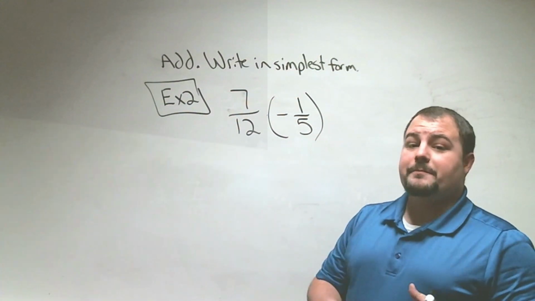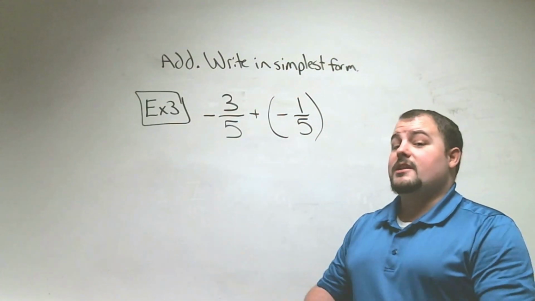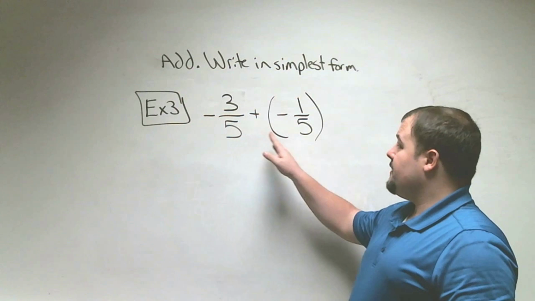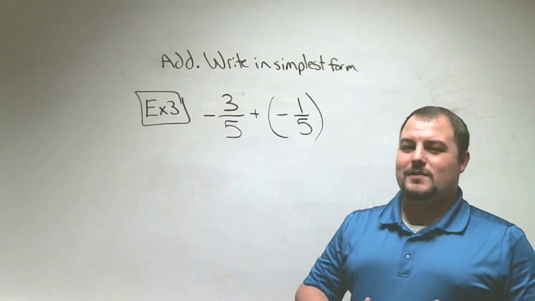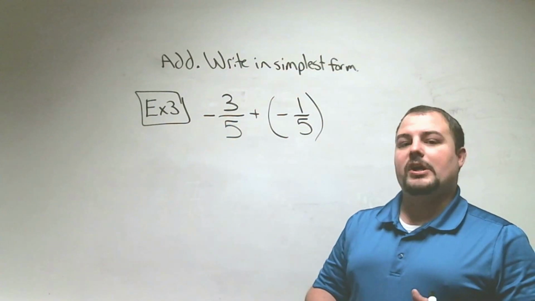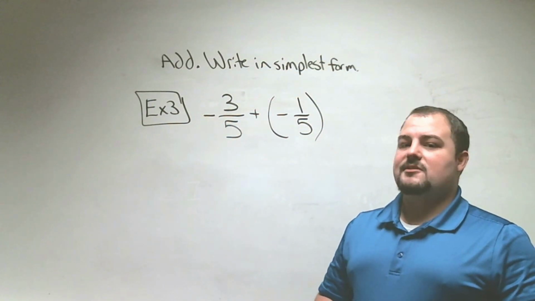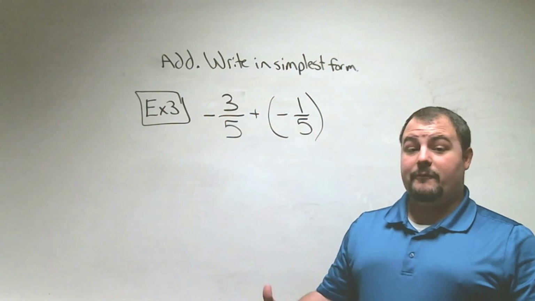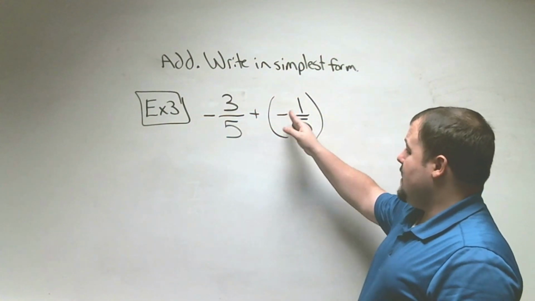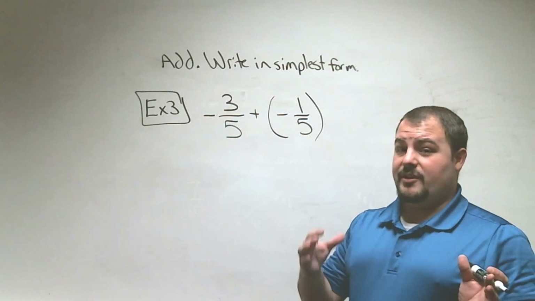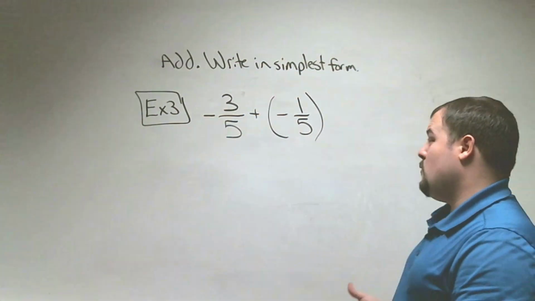In example 3, we're adding two negative fractions. Notice that the denominators are still the same. So we're going to use the rules we learned in the previous chapter. When we add two negatives, we have more negatives. So if I have negative 3 and I'm adding negative 1, a negative 3 plus a negative 1 is a negative 4.